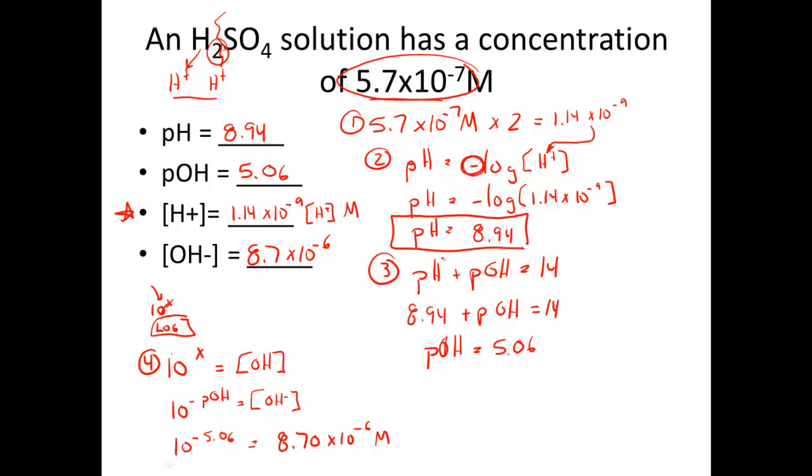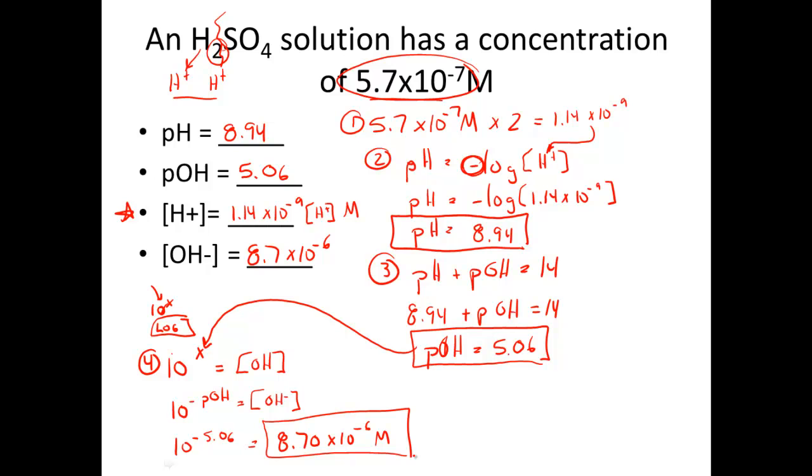A quick little calculation of pH plus OH equals 14 gives me a POH of 5.06. And lastly, I'm going to substitute that POH value into my inverse log function and use a negative POH to work backwards and find out that I had an OH concentration of 8.70 times 10 to the negative 6th.